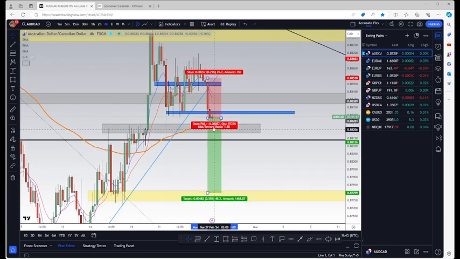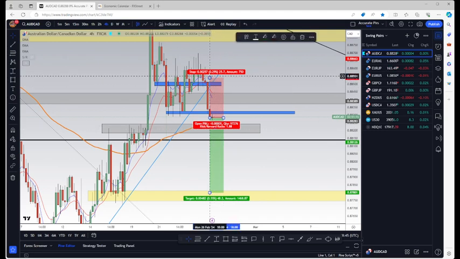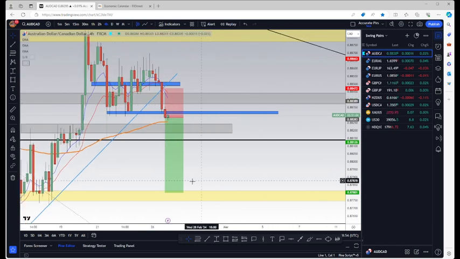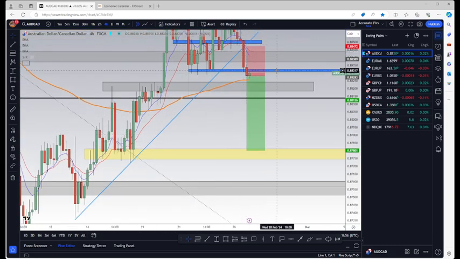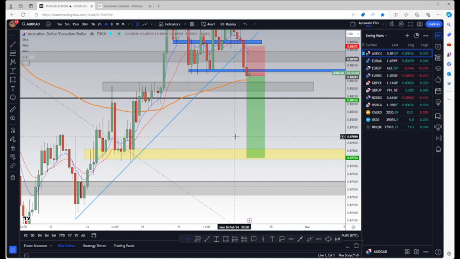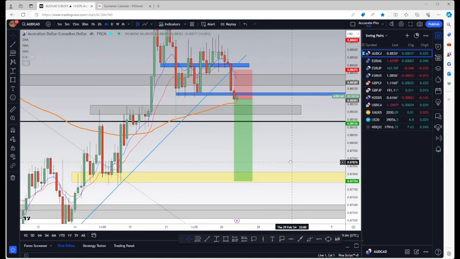This could actually be a good trade to take now. Ah, that's even better. You're risking 18 pips. So after this stream, I might even take this trade, because it's broken that trend line. Yeah, I might take this trade.